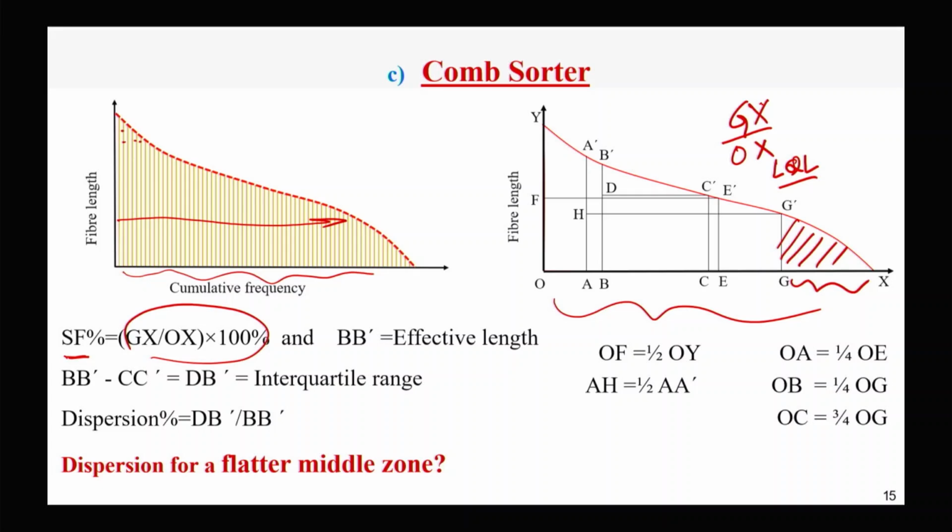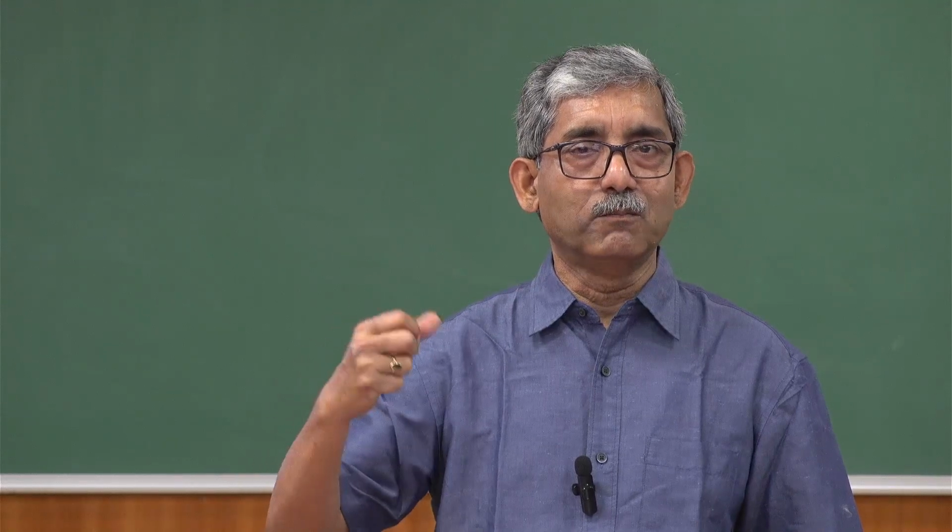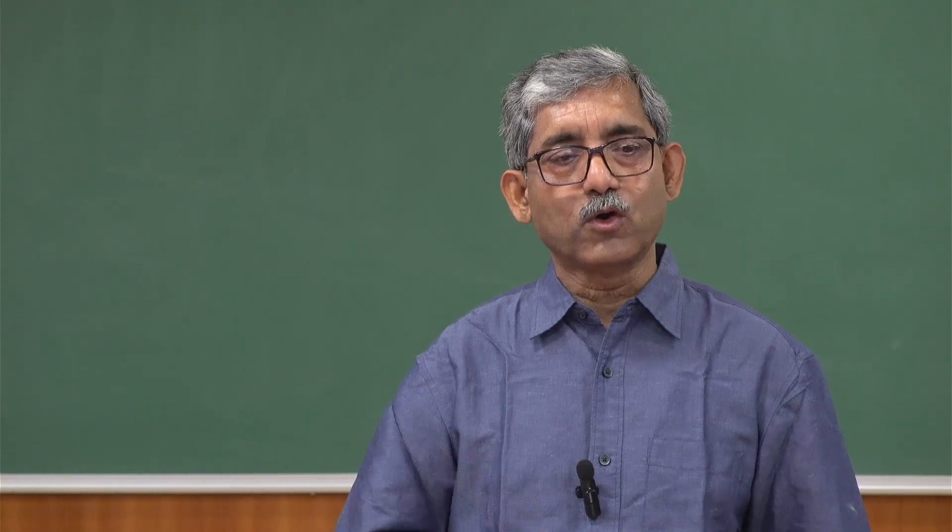And the interquartile range and dispersion percent we have already discussed. A flatter mid zone will have lower dispersion, so that means the fiber will perform better during the process. Higher dispersion percent means poor quality.